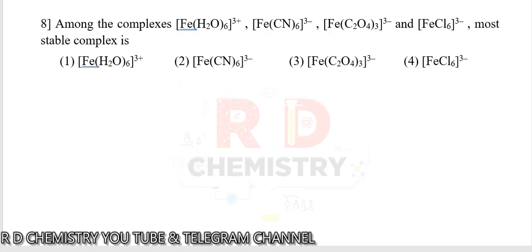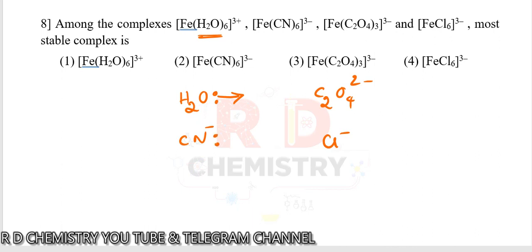Question number 8. Among the following complexes, the first one is aqua, water is the ligand. Next comes cyanido. Next comes C2O4, oxalato. And then there is a chlorido ligand. Water is monodentate, unidentate. Cyanido is a unidentate. Chlorido is a unidentate. Whereas the oxalato, COO minus, donates electron pairs.